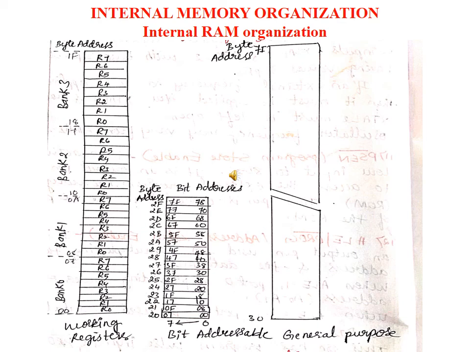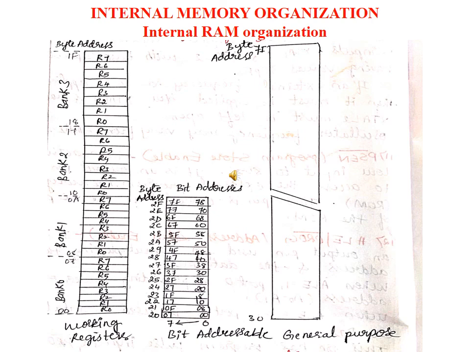Each of these registers can be addressed by its name or by its RAM address. The bits RS0 and RS1 in the PSW determine which register bank is currently in use at any time. So when you are doing the programming, if the register banks are not selected, then by default it will consider that you are going to access the registers in bank 0. Bank 0 is selected on reset.